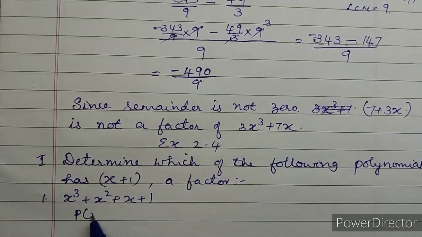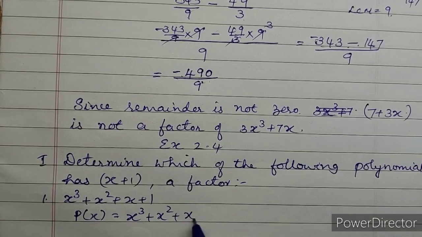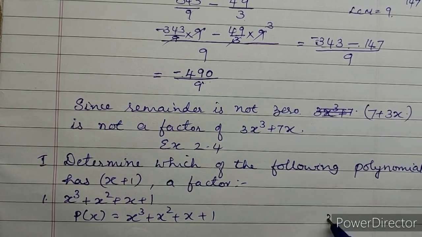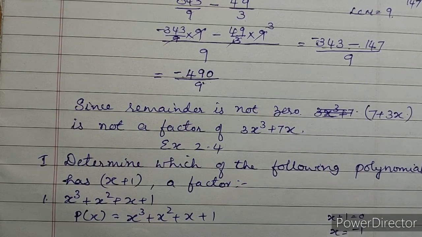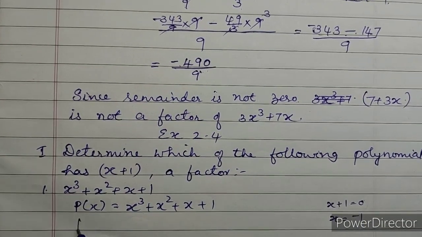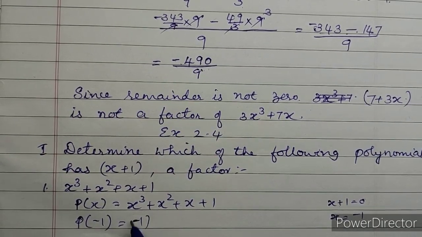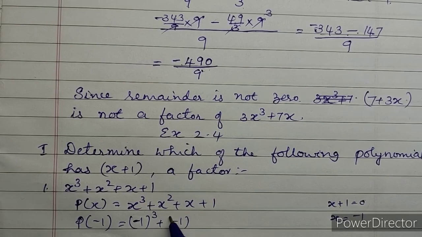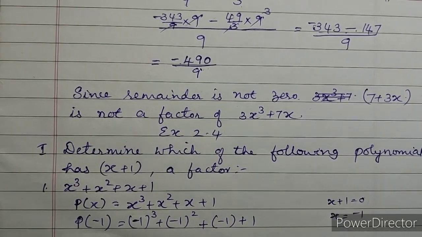So the given polynomial is p of x equals x cube plus x square plus x plus 1. So to check x plus 1, x equals 0, you should put x equal to minus 1. That minus 1 you have to substitute here. So minus 1 the whole cube plus minus 1 the whole square plus minus 1 plus 1.